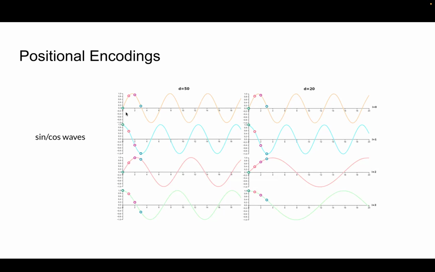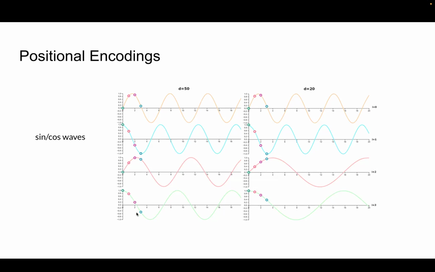And the second time step will be 0.8, 0.6, 0.6, 0.8. And the third time step will be 0.9, negative 0.4, 1, and then 0.2.